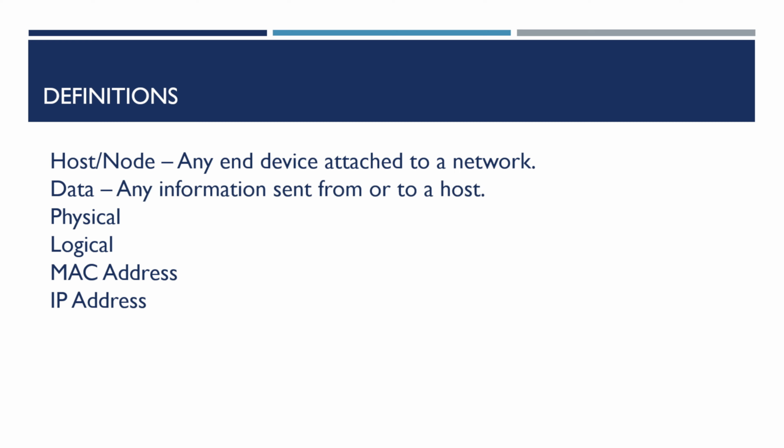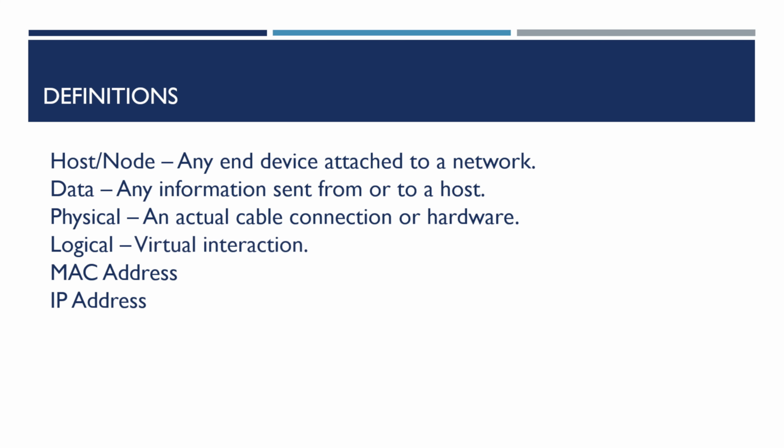We need data. Data is any information sent to or from a host. Definition for physical in this case is an actual connection or actual hardware, something actual, tangible, physical. Logical is a virtual interaction. It's not necessarily a physical cable.